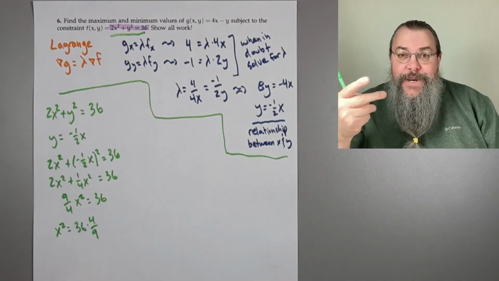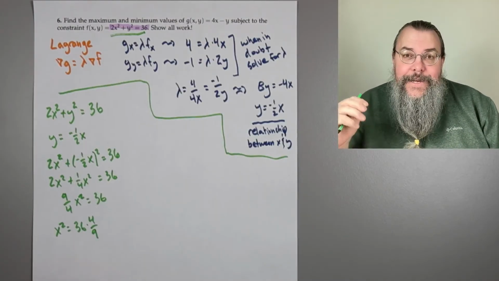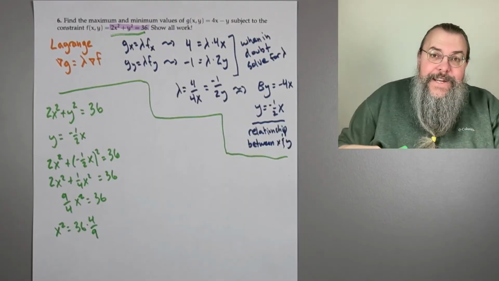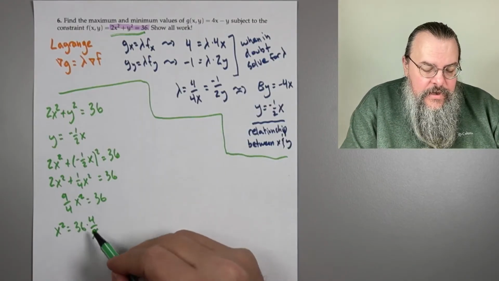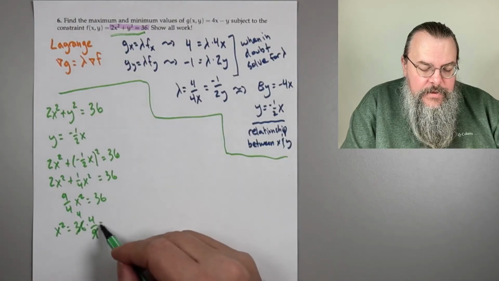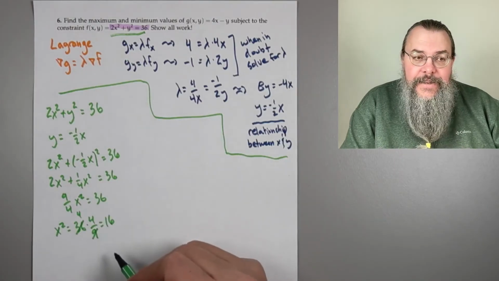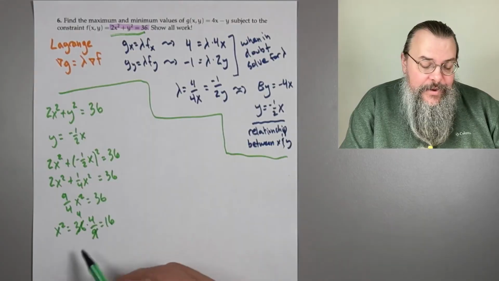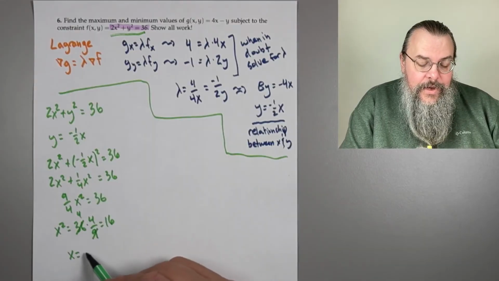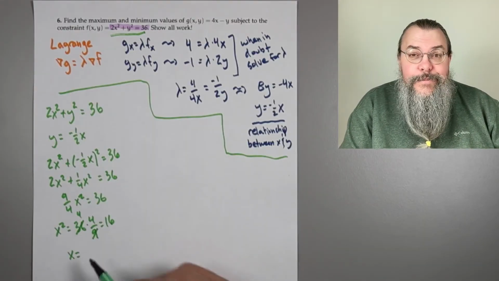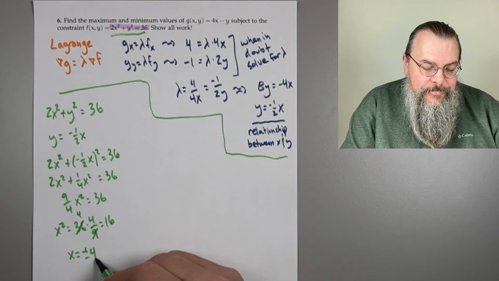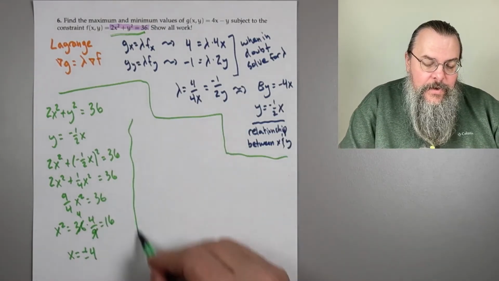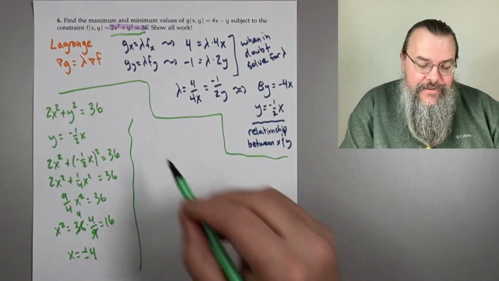So multiply by the reciprocal. And we're in luck, 9 divides into 36. And so what's left over is you'll have 4 times 4, which is 16. So that's x squared. So what is x? Well, square root of 16, plus or minus. So plus minus 4.